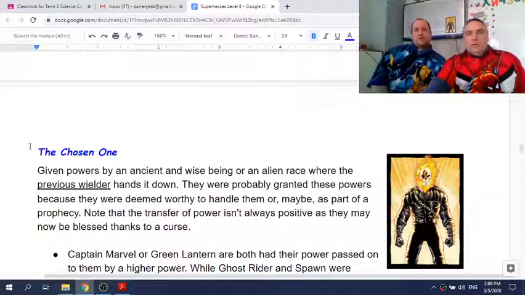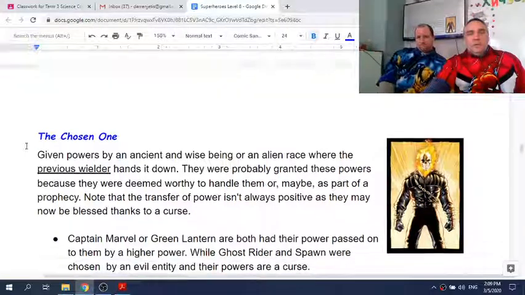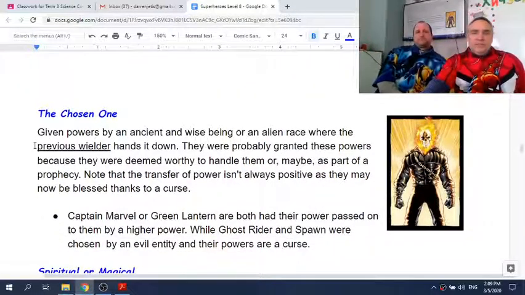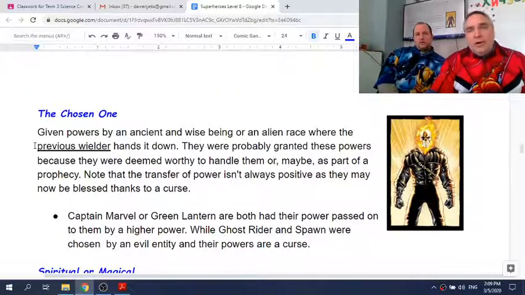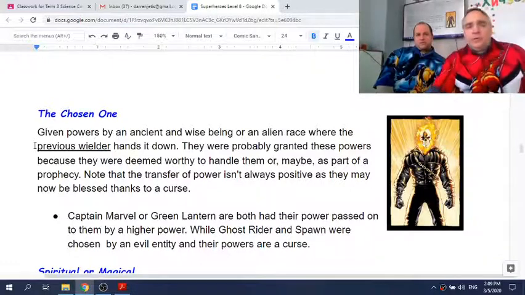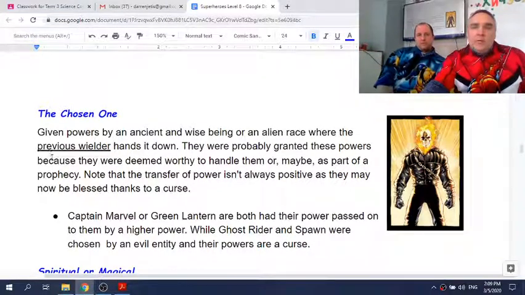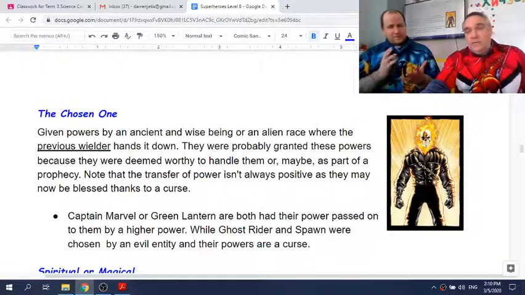All right. Now we have the chosen one. Given powers by an ancient and wise being or an alien race where the previous wielder hands it down. They were probably granted these powers because they were deemed worthy to handle them, or maybe as part of a prophecy. Note that the transfer of power isn't always positive, as they may now be blessed thanks to a curse. Okay, this is a good example here.